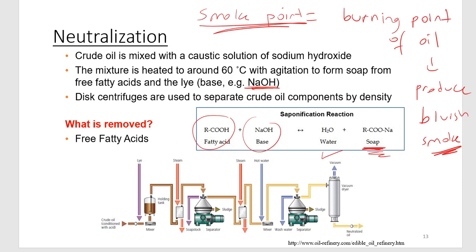So this resulting soap can be used as an animal feed or to produce surfactants and detergents. It's the byproduct of the neutralization step. As the name says, it's neutralization. We have an acidic medium, we have free fatty acids, so we need a base to neutralize it. Then we remove the free fatty acids as soap.